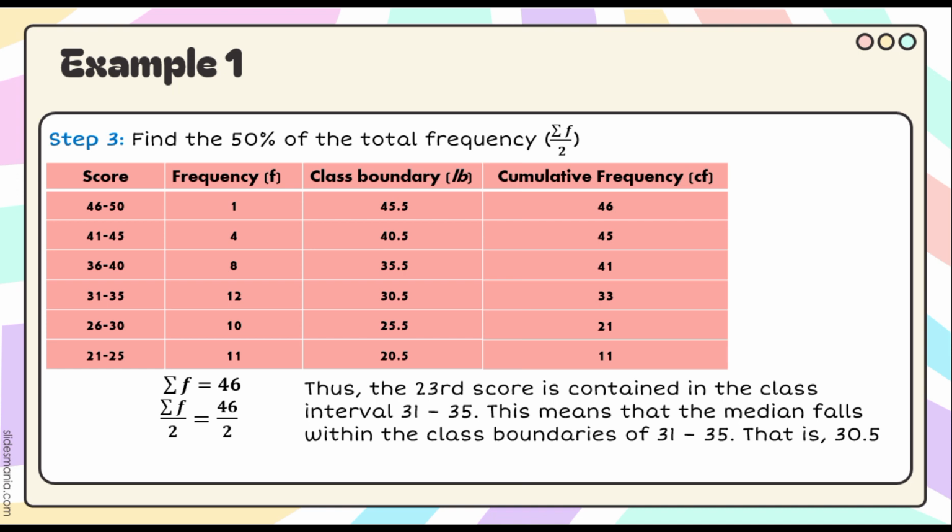We are looking for the 23rd, so 21 is not the right answer. And next we have 33. We know that between 21 and 33 is where the 23rd score is located. That is why the 23rd score is contained in the class interval of 31 to 35.